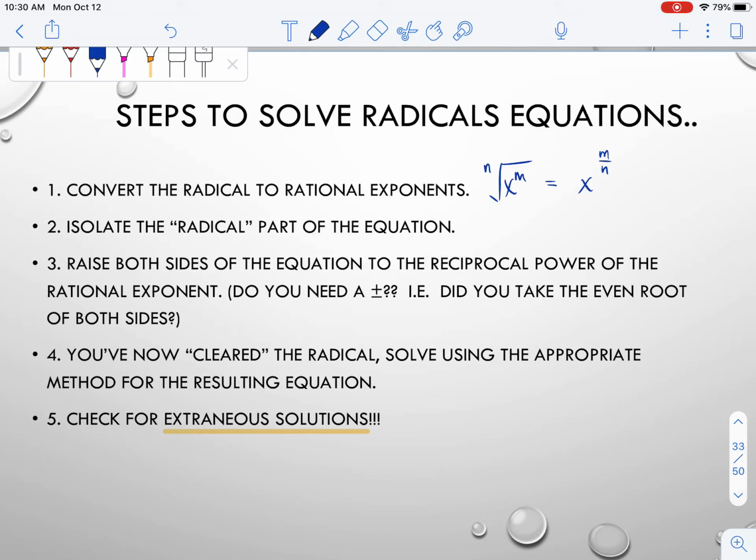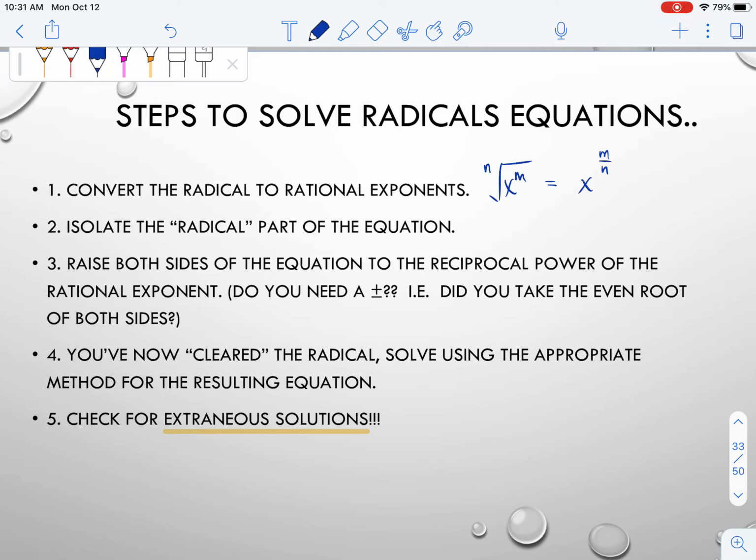The main reasons we get them here: one, if we have an even index root, I can't have a square root of a negative when I'm dealing with real numbers. And two, when I'm raising both sides of the equation to a power, I'm effectively increasing the degree. A first degree equation has one solution. A second degree equation, or quadratic, has two solutions, and so on and so forth.